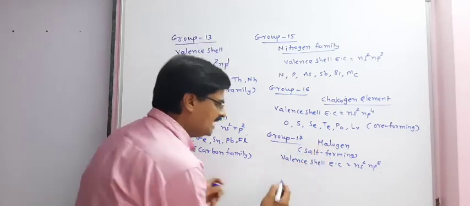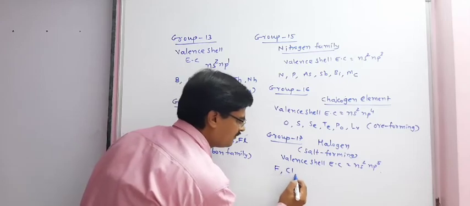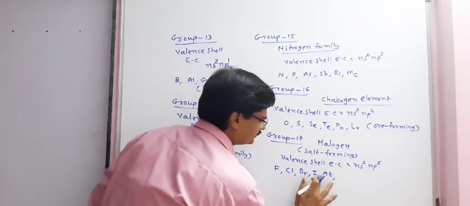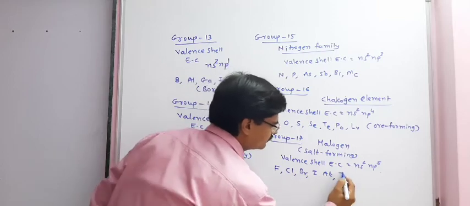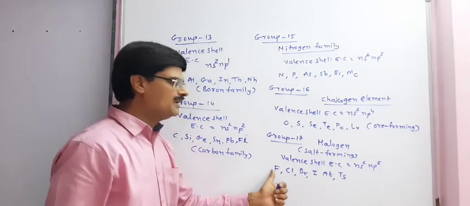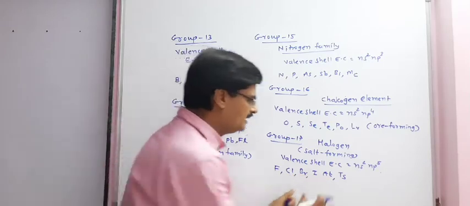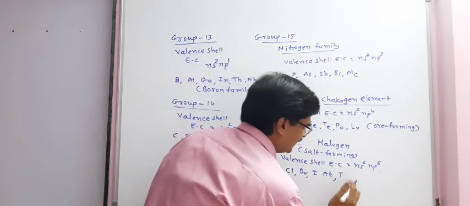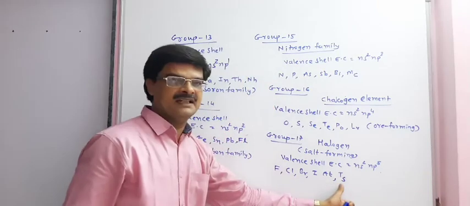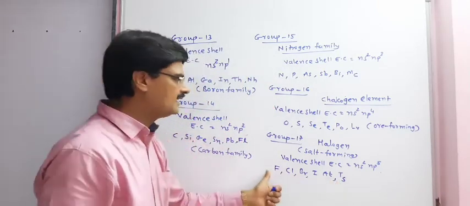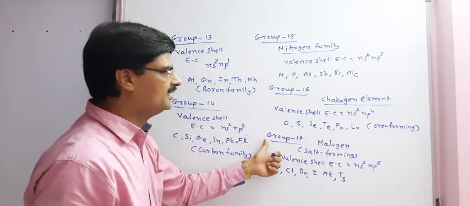Group number 17 elements are fluorine, chlorine, bromine, iodine, astatine and tennessine: F, Cl, Br, I, At and Ts. These are the elements present in group number 17.